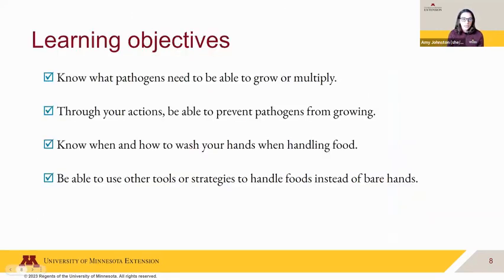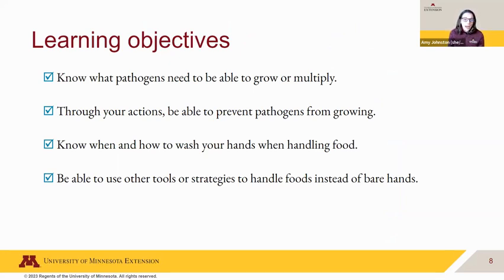Whether you're joining us to benefit your food business or you just want to learn more, I hope you leave this webinar with increased confidence in your ability to prevent foodborne illness. At the end of this webinar, you will know what pathogens need to be able to grow and multiply on foods.